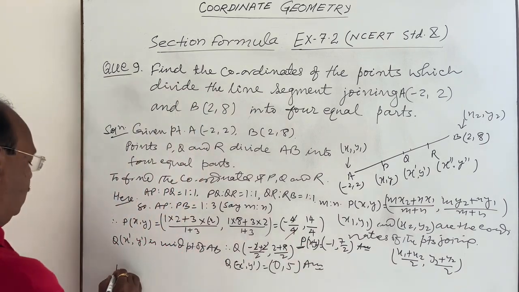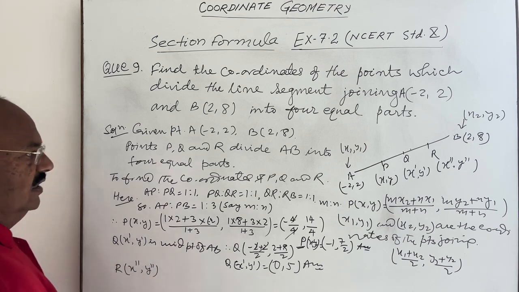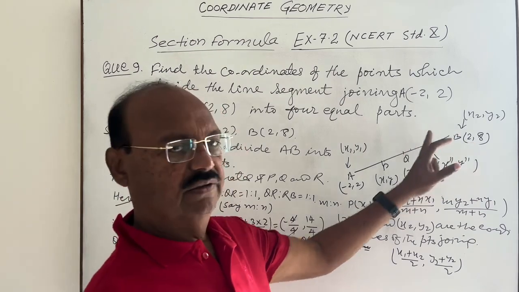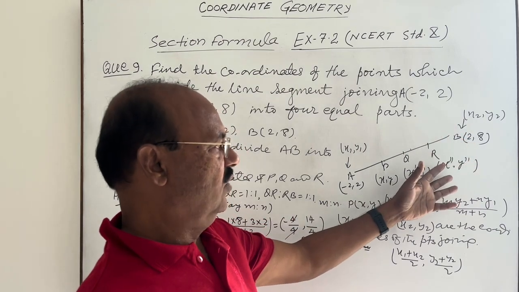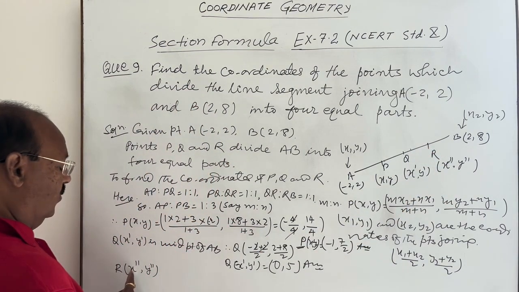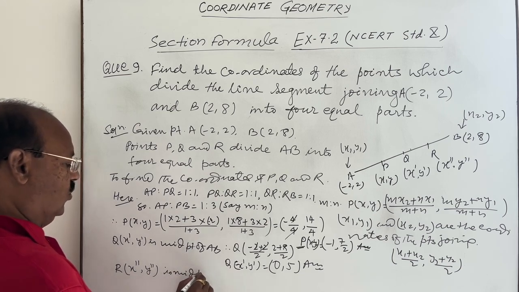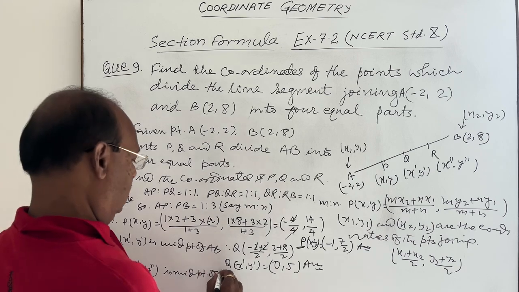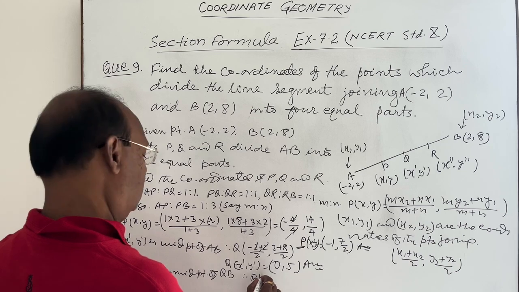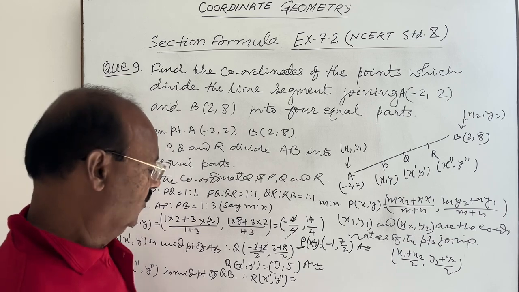Now we have to find the coordinates of R, having coordinates x double dash, y double dash. Here you see, R is the midpoint of QB. So we can use the same midpoint formula here. We have got the coordinates of Q. So R, having coordinates x double dash, y double dash, is the midpoint of QB.